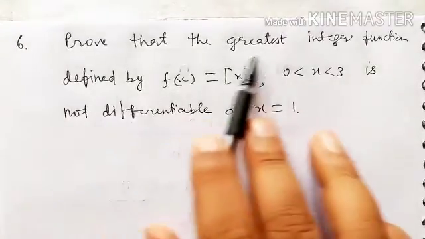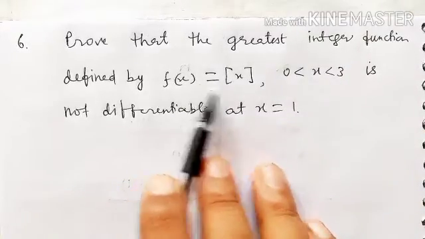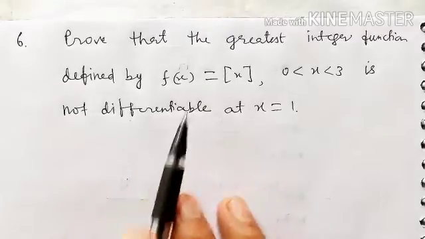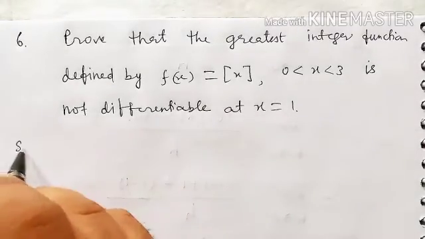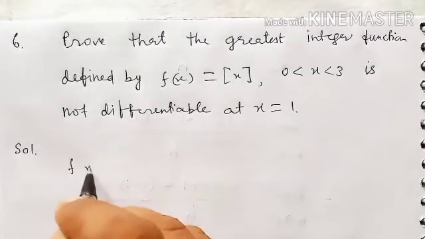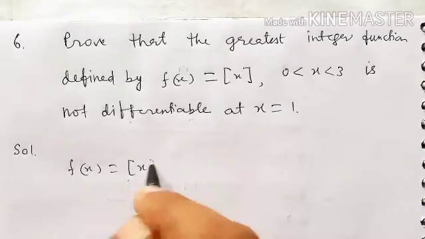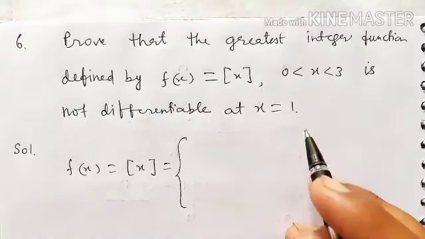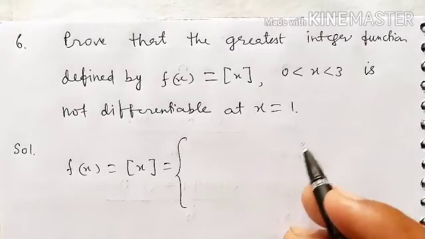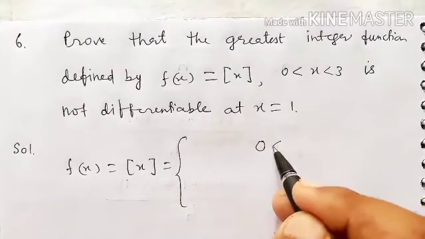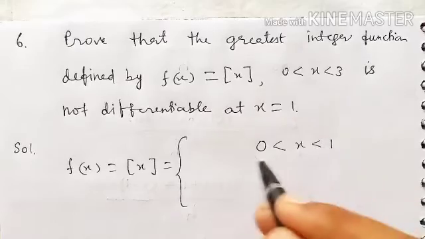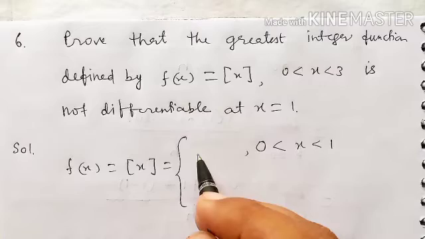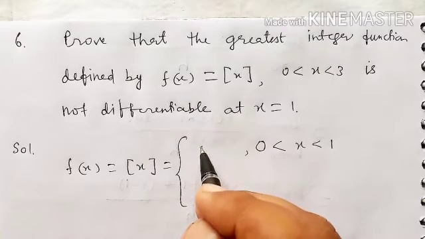Prove that the greatest integer function defined by f(x) = [x], where 0 < x < 3, is not differentiable at x = 1. Solution: f(x) is equal to greatest integer x. Here x is defined within 0 < x < 3. So when 0 < x < 1, then the value of greatest integer x will be 0.